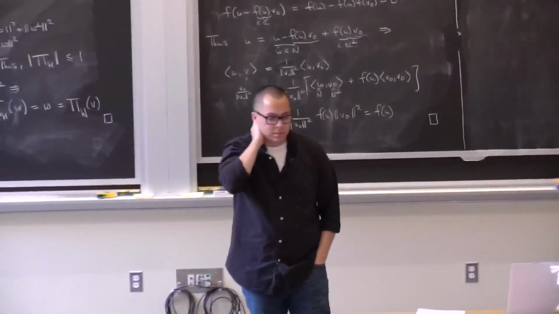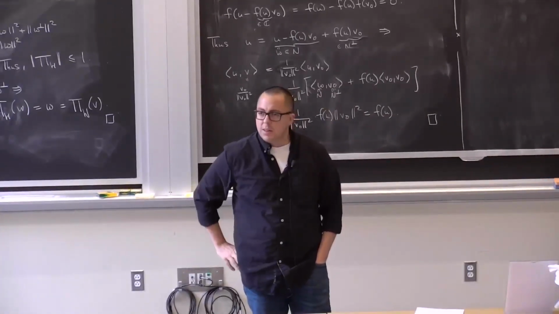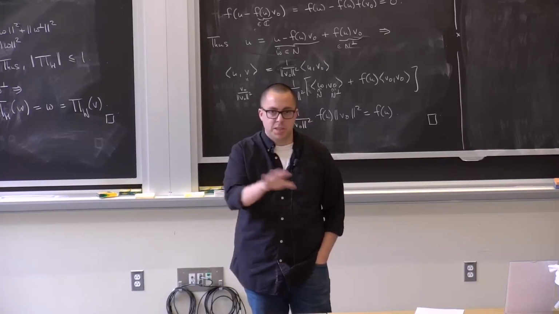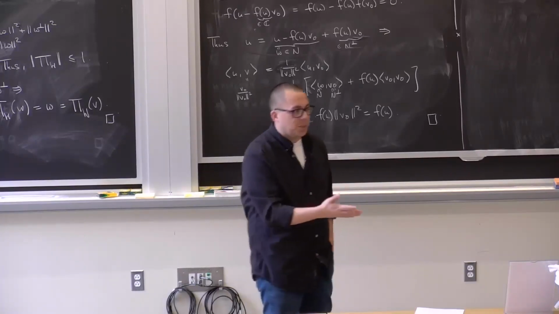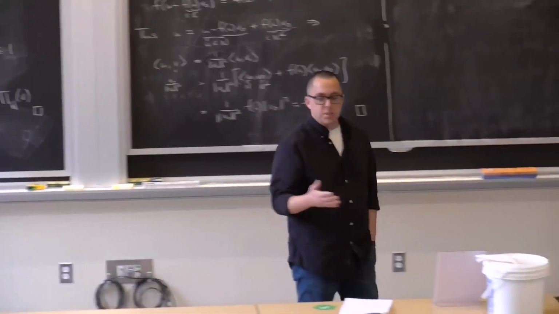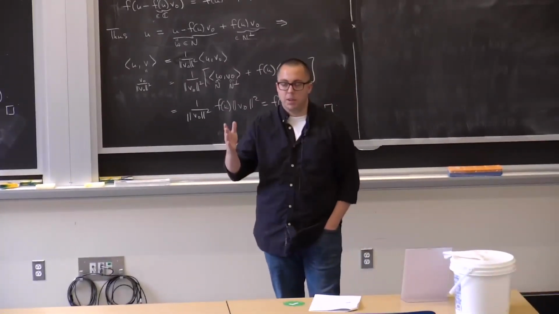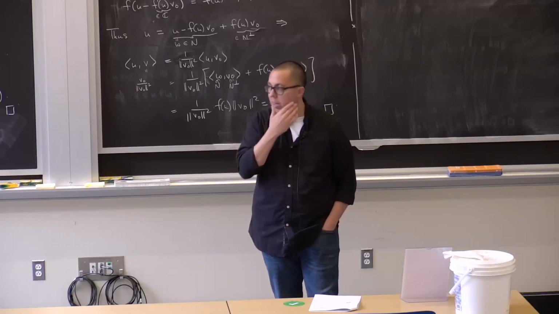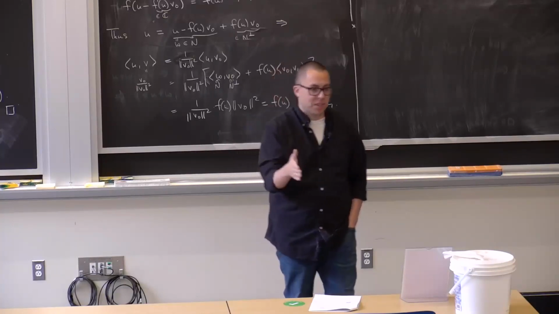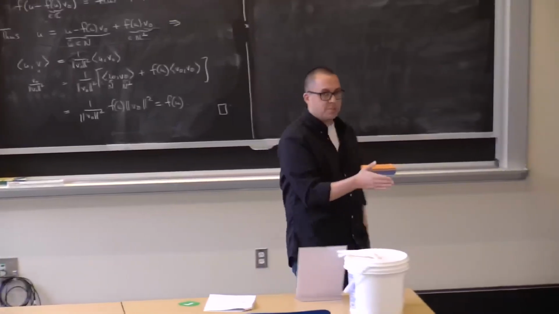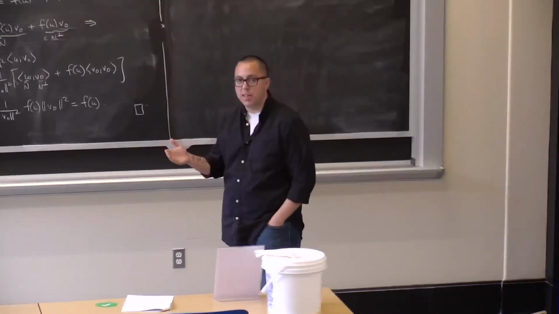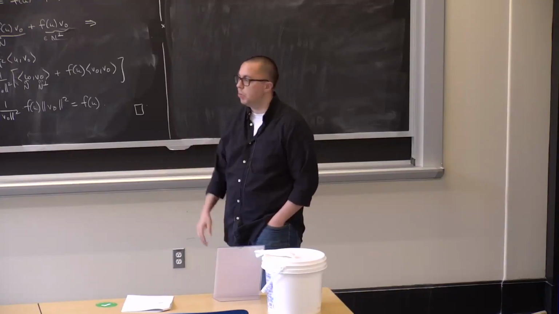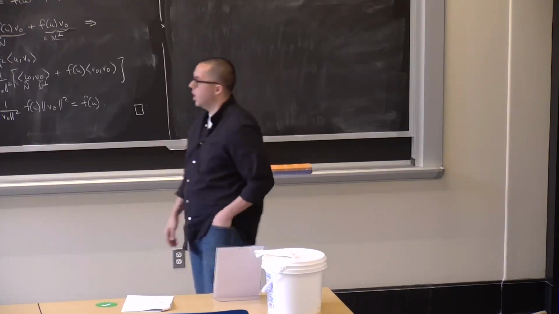So if you have a map, let's say from a Banach space to itself, then we define the adjoint in a certain way to be a linear map that goes from the dual space to the dual space, right? Now, in the case of a Hilbert space, the dual space is equal to the space itself. So the adjoint for a Hilbert space will be a map, again, from the space to itself. And it will satisfy a certain identity.